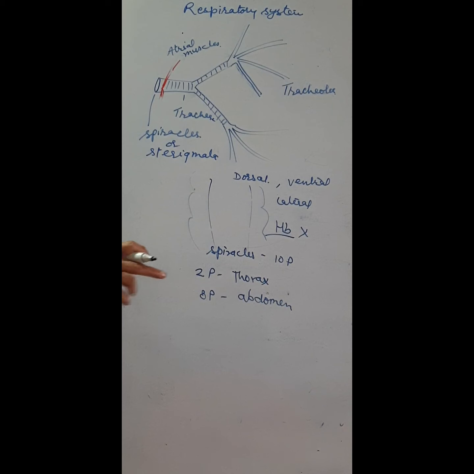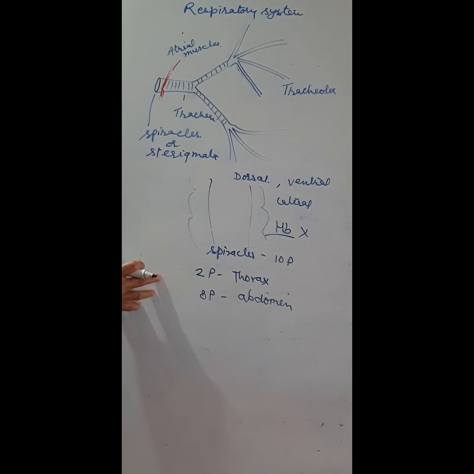The circulatory system is poorly developed, but the respiratory system is well developed. The 10 pairs of spiracles open on the surface of the body, 2 pairs present in the thorax and 8 pairs in the abdomen.